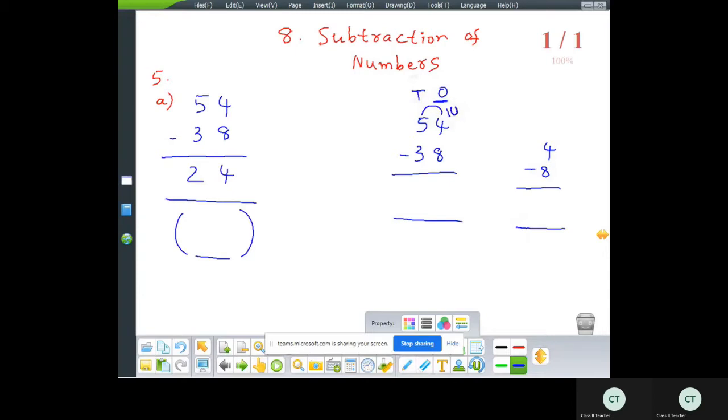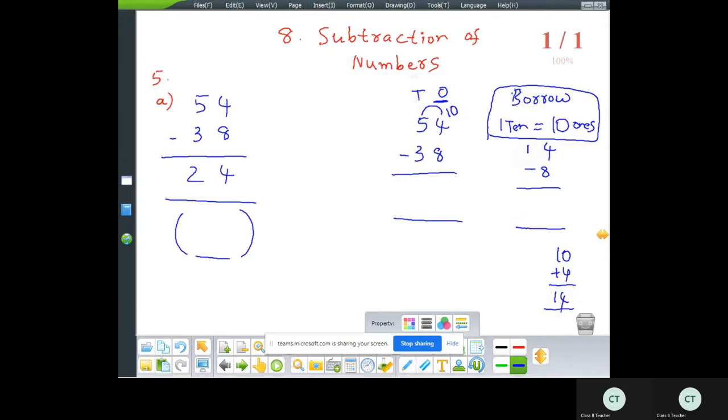Borrow means 1 ten is equal to 10. Here 10 and more 4, 10 plus 4, 14.